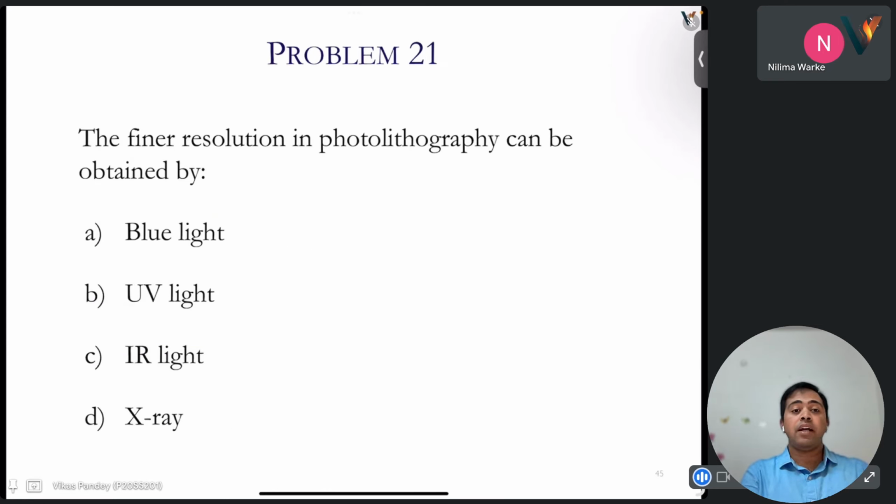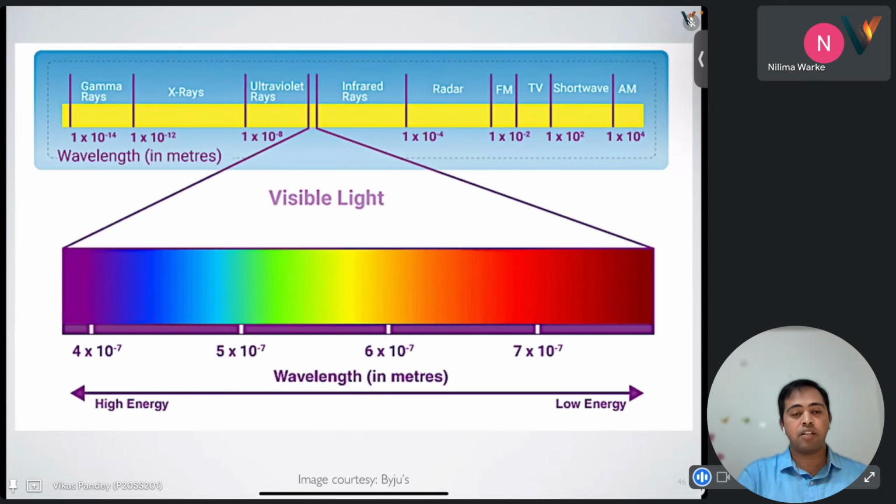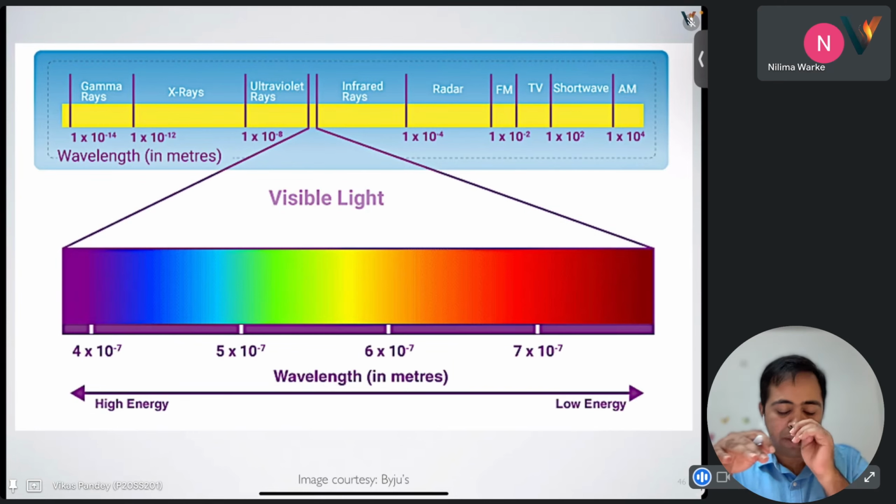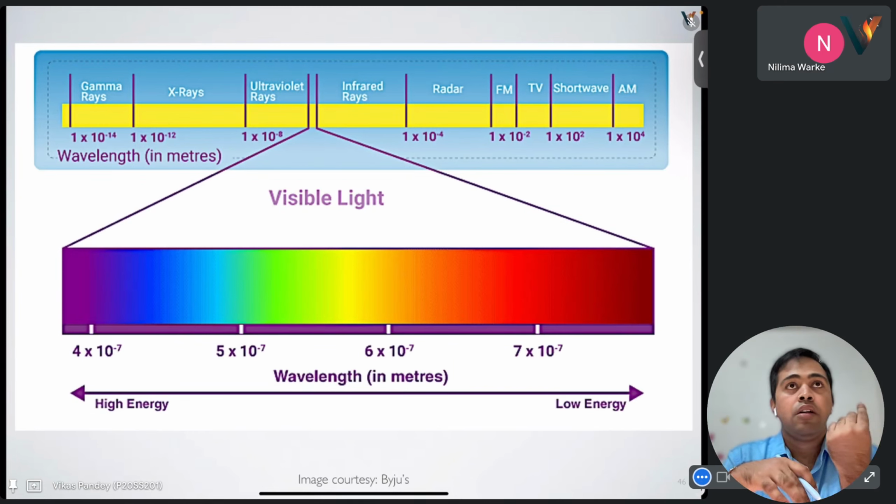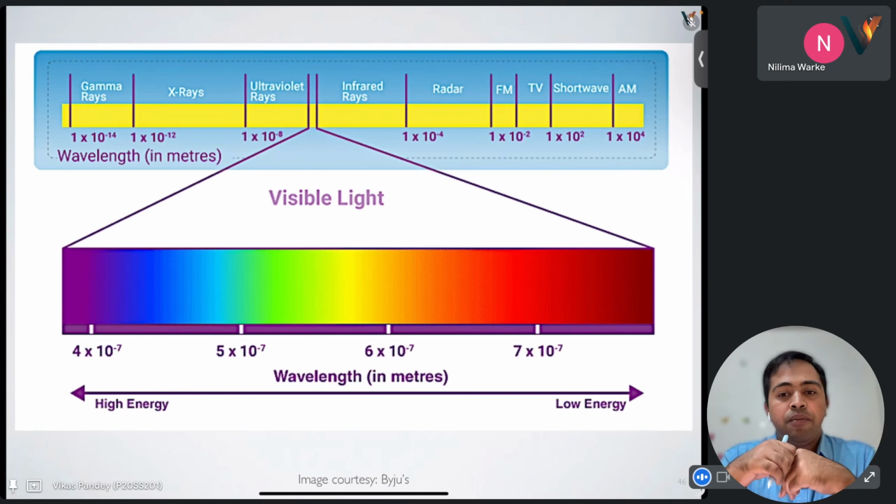Then the final resolution in photolithography can be obtained by using blue light, UV light, IR light, or X-ray. UV light. Okay. So to understand it, let's see the wavelength of light. I think you must be aware of the Rayleigh criterion.